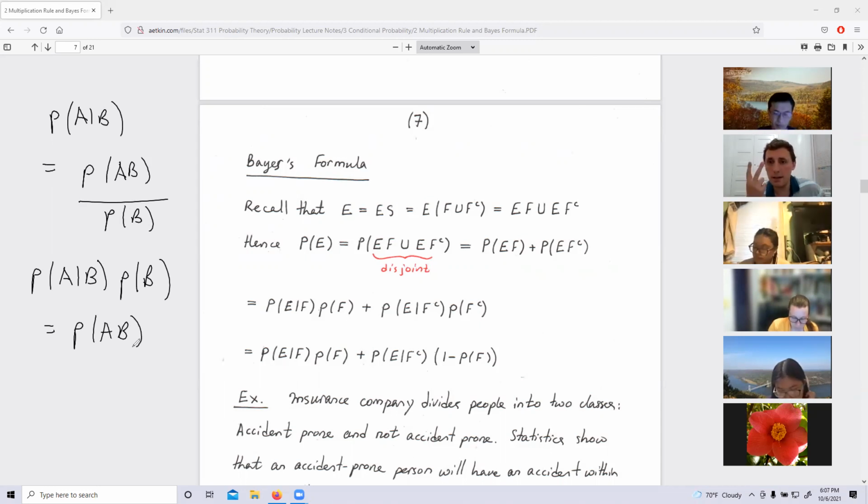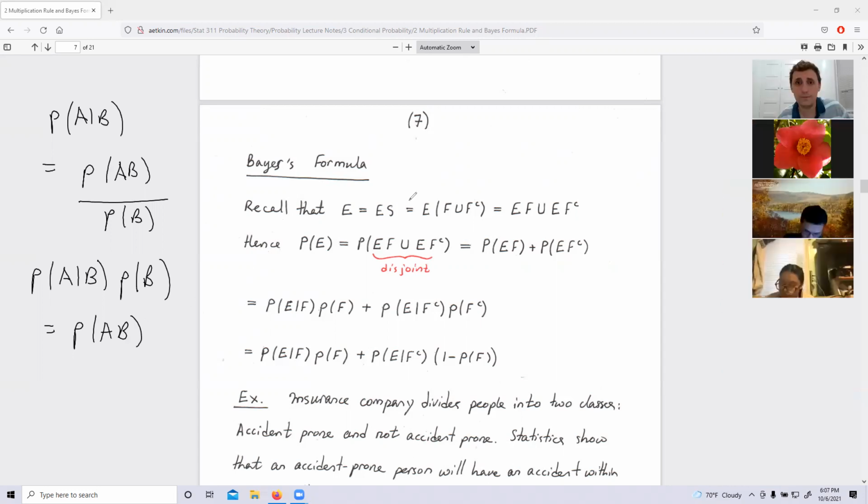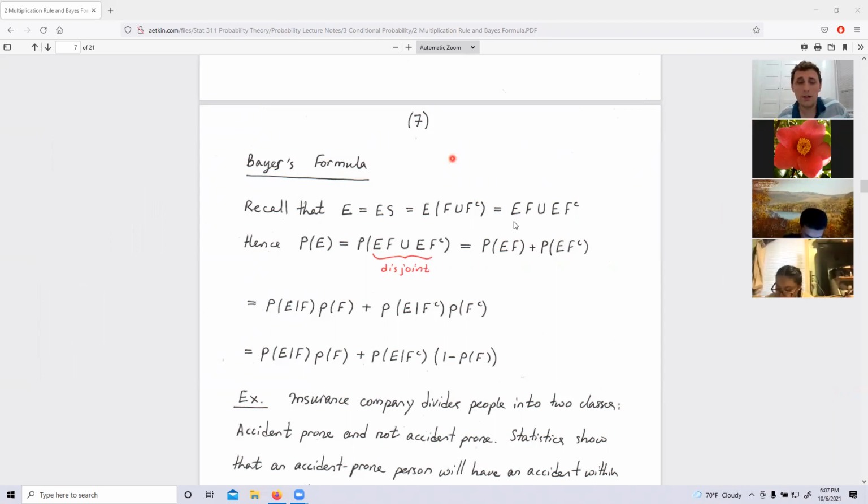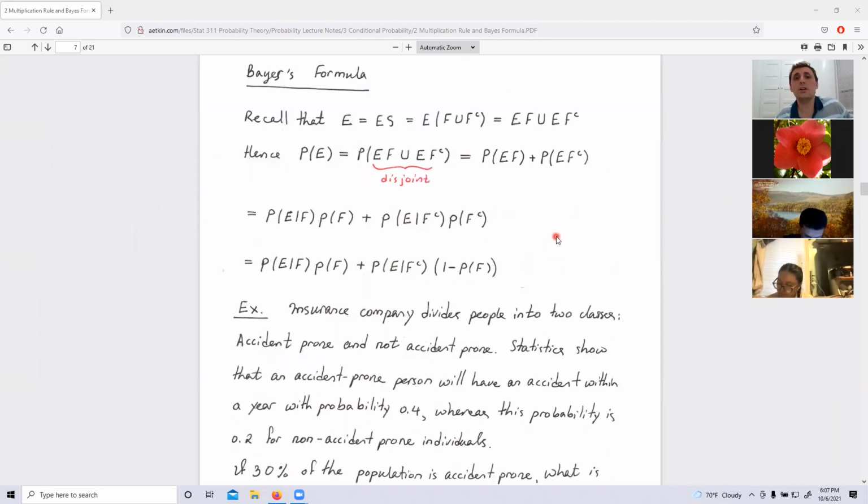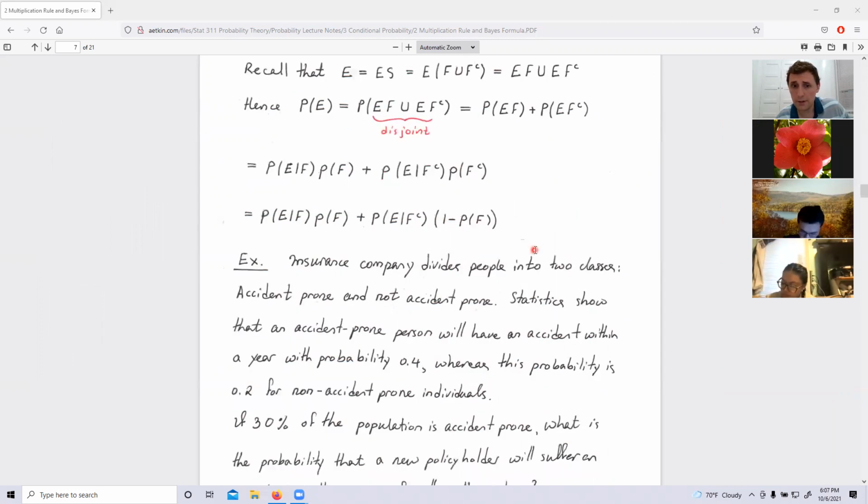It's the multiplication formula for two events, very easy to remember this way. And of course, it's easy to extend it in general. The probability of F complement is 1 minus the probability of F.